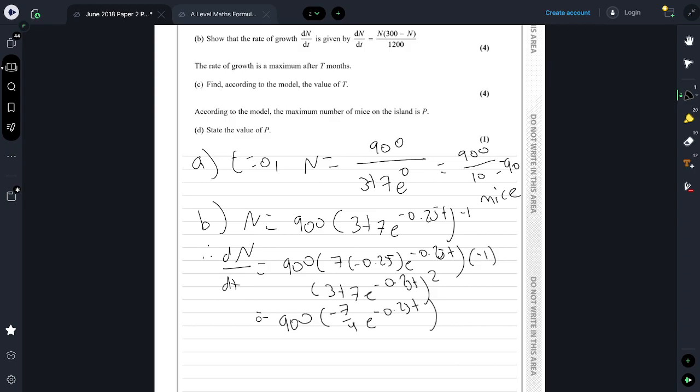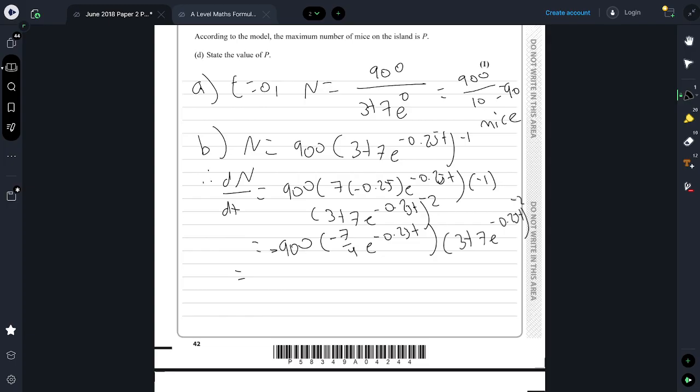And that's going to be a negative outside. So that's going to be minus 900 because it times it by minus 1. And then that's (3 plus 7e to the minus 0.25t) to the minus 2, sorry, minus 2.